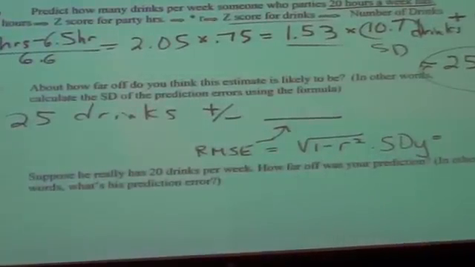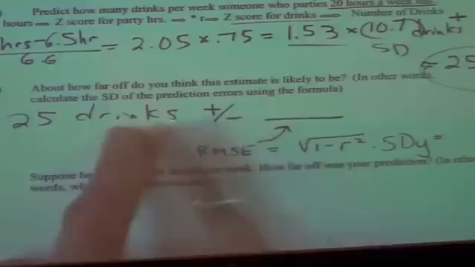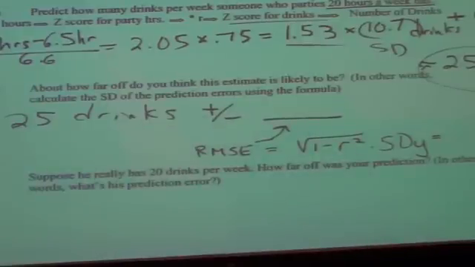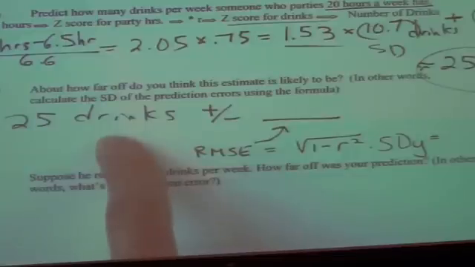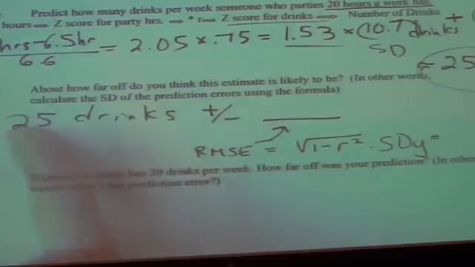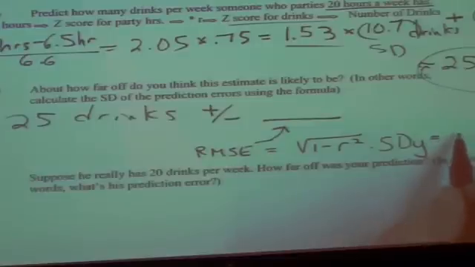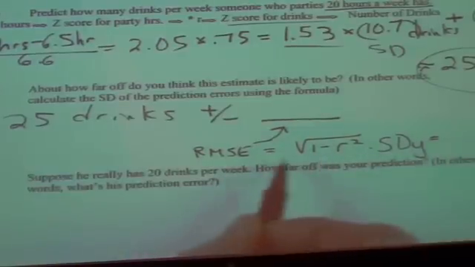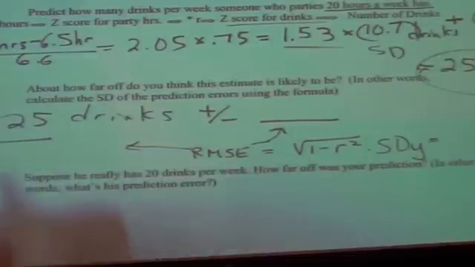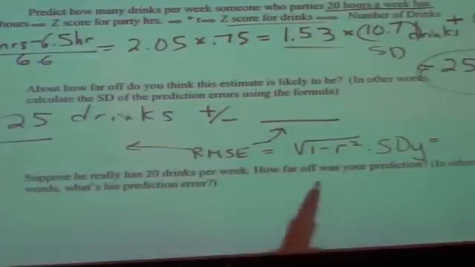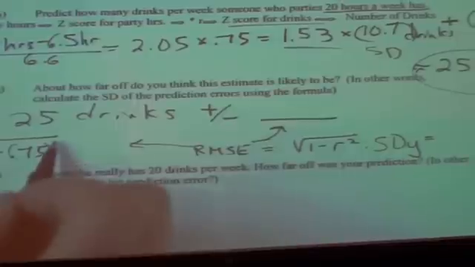So, for him, I was right on the money, but for other people, I want to give myself a cushion here, because it's not a perfect prediction. I want to say for about 68% of the people, it'll be 25 drinks plus or minus what? Now, how do I do that? I have to say the square root, I didn't leave myself enough room, so I'm going to put it over here. The square root of 1 minus, what's r squared? 0.75 squared. Let's do that so far.